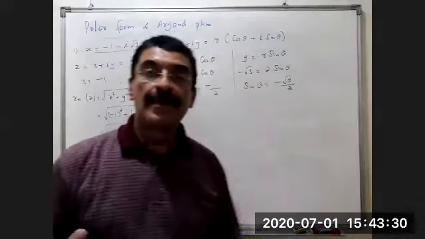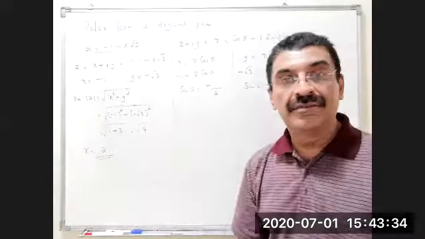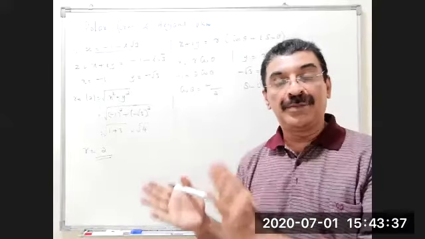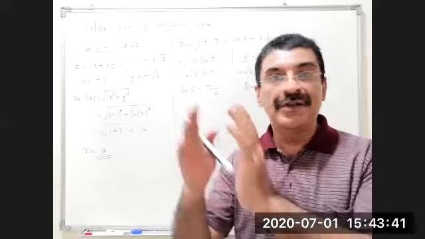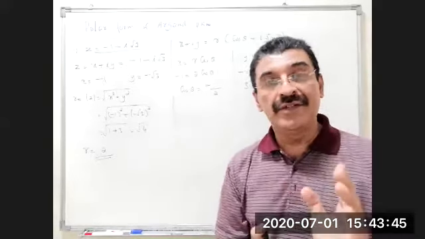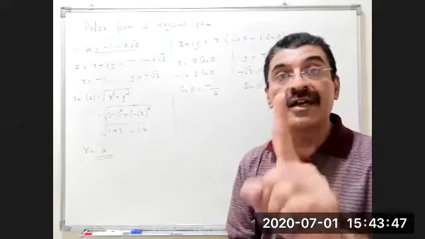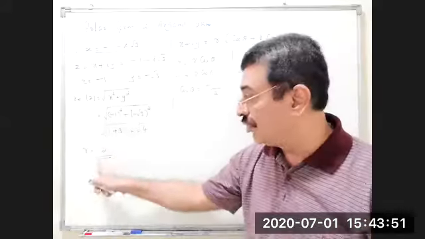Here, if a complex number x plus iy is given, whatever it may be, we know how to write the real part and imaginary part. That means we know the value of x and y. Once x and y are written, the first thing is finding r. r is root of x squared plus y squared.